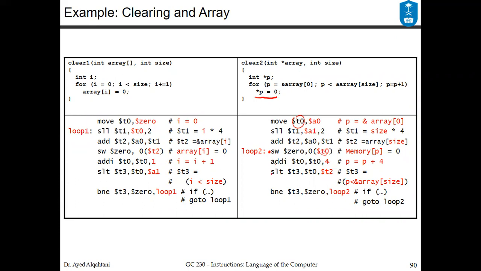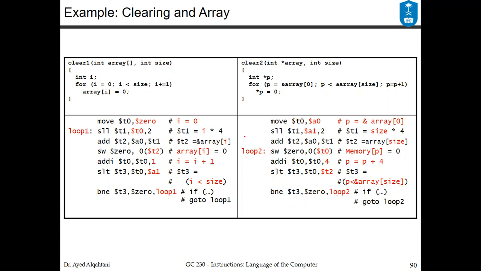And after that, you check your condition, which is this one. Set less than followed by the branch not equal. If this is true, you will go through the loop. If not, then you will be outside right here. So this is actually calculated right here. And then you will go through the loop this way, and you can see that you are only having 4 instructions, while here we have 6 instructions.